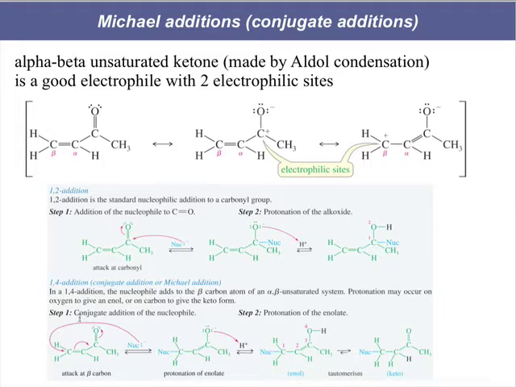That swings these pi electrons over one slot and kicks the electrons up onto the O. The nucleophile adds to the fourth atom in this conjugated chain and the electrons end up on the first atom of that conjugated chain.